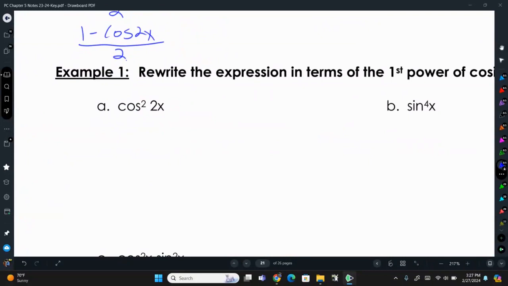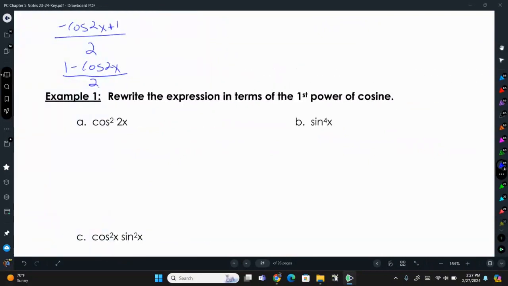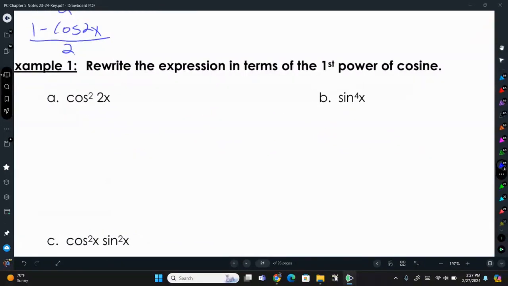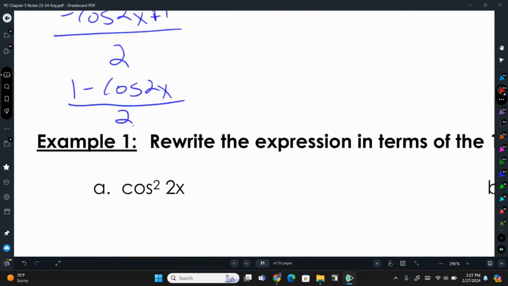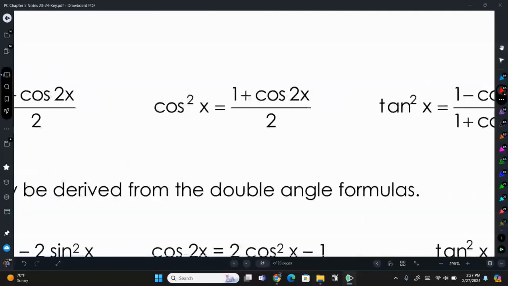It says rewrite the expression in terms of the first power of cosine. So we want cosine to the first power. Right now we have cosine squared of 2x. And again, our formula is cosine squared of x is equal to 1 plus cosine 2x over 2.